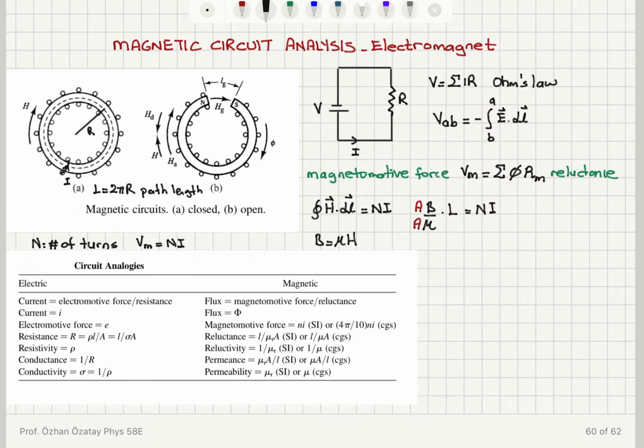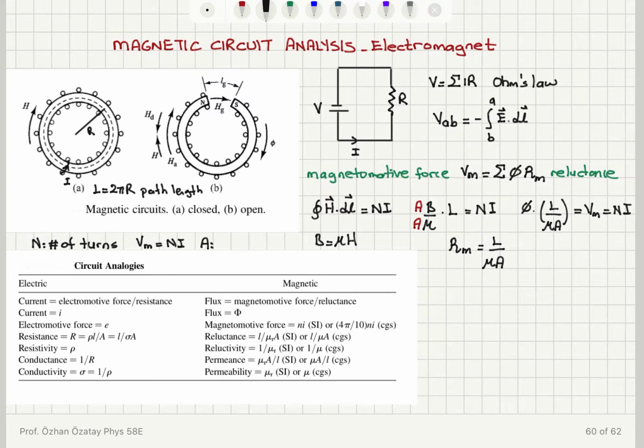I would obtain the flux. So flux multiplied by L over permeability times area A is equal to the magnetomotive force, which is N times I. So we find that the reluctance Rm is equal to L divided by permeability times area A.